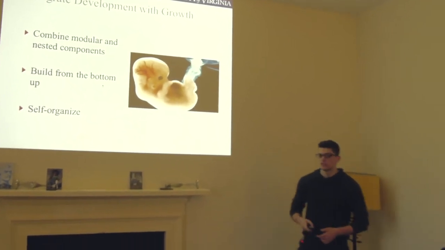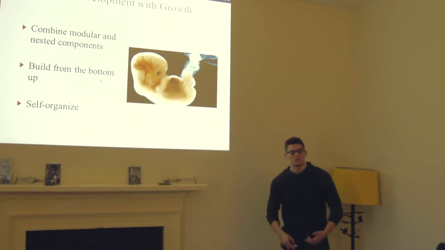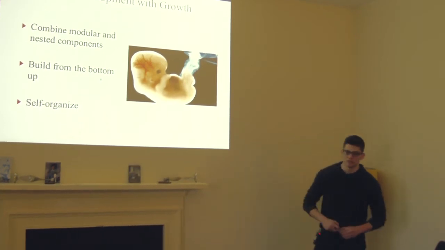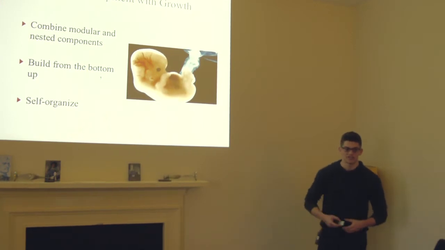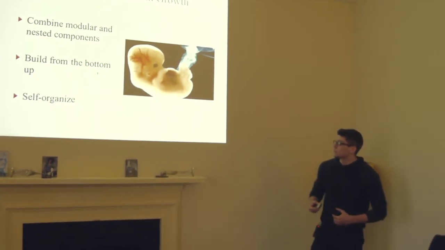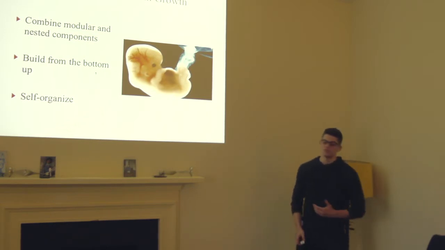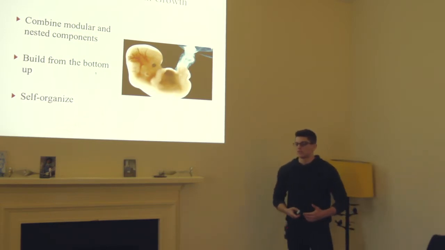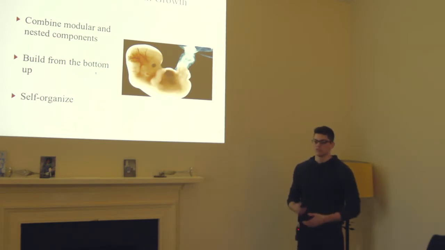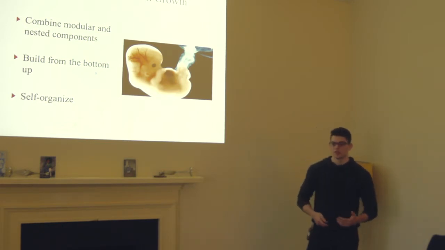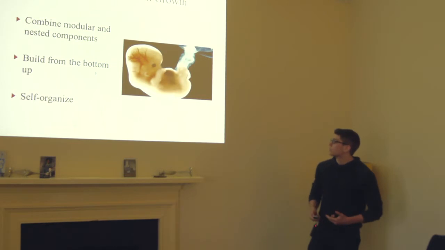I think that in a lot of our planning, as engineers, city planners, we get lost on growth and we don't think about development. We just want to go. We just want to build things up. We want to do it now. And our growth doesn't suffer because we take from other areas. That's where a lot of our sustainability challenges are coming from, because we just focus on growth and don't take the time to invest in the platform for that growth. So ways to do that, once again, you have your modular nested components. So you use things that are small like cells.